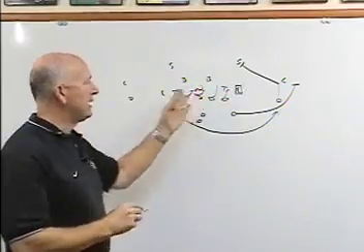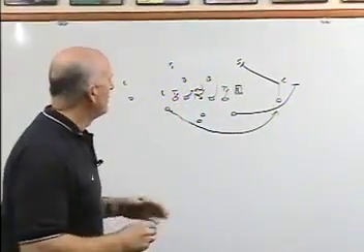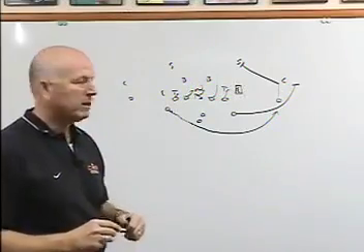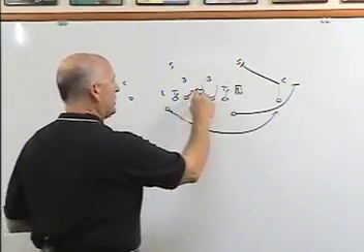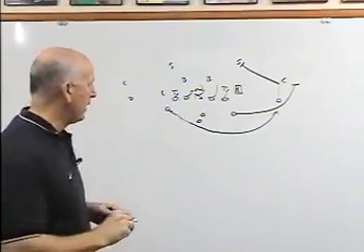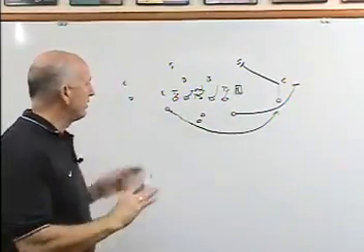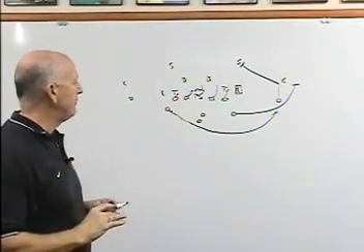Again, if there's any kind of slant, a backside stunt, X or what have you going on with the nose and the backside linebacker, this guard will take over that nose guard, and the center will work to the next level that way. So we've got the interior line with their zone blocking taking care of the inside interior of the defense.